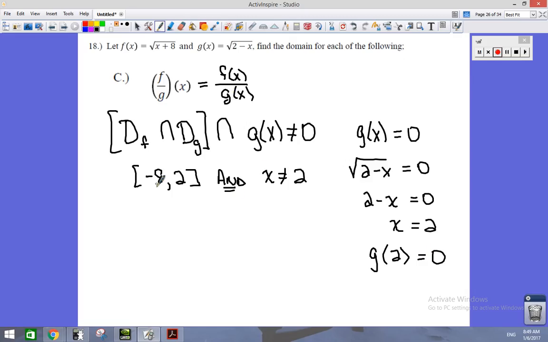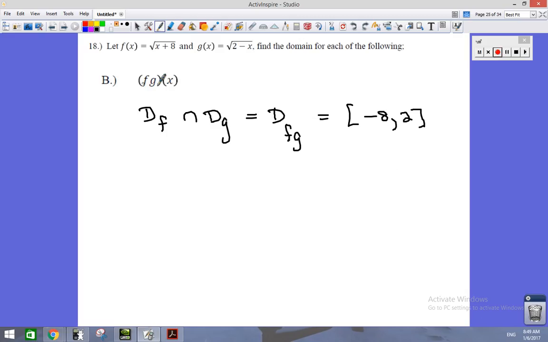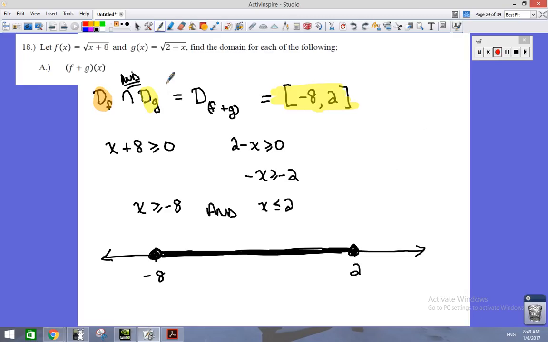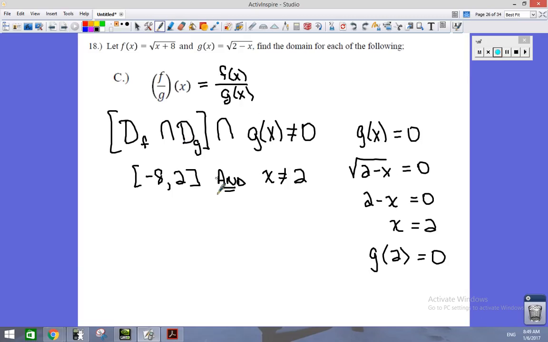So on the left here, we allowed 2 to be in the domain when it was just multiplication or addition or even subtraction. But with division, we have to exclude the number 2. So I'm going to have to change my answer here.